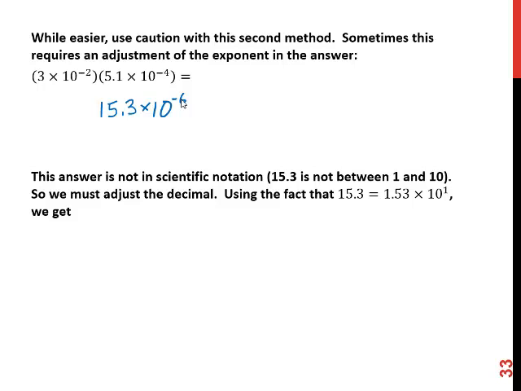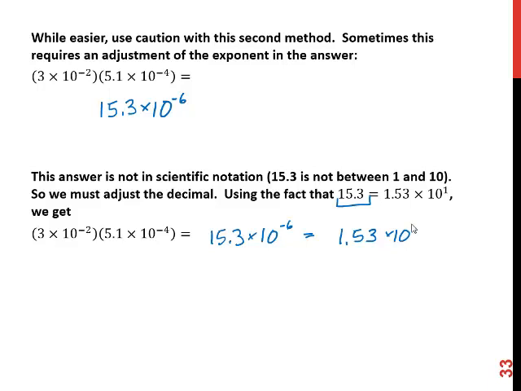Now, again, there might be tricks to use, like if you move it to the left, that changes the exponent one way or the other, and I can't remember those tricks. So what I'm going to do is just remember that 15.3 is 1.53 times 10 to the 1st. So that means I can rewrite 15.3 times 10 to the negative 6 as 1.53 times 10 to the 1st.